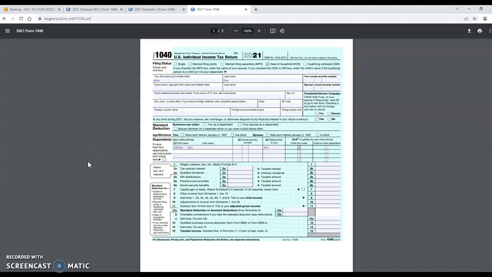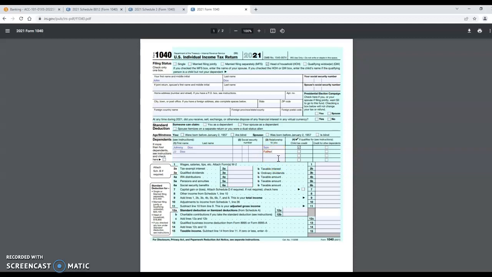And let us say that John also has his father, JJ, living with him, or the father could even live separately, and John is supporting his father. So we'd have his social security number and his relationship.